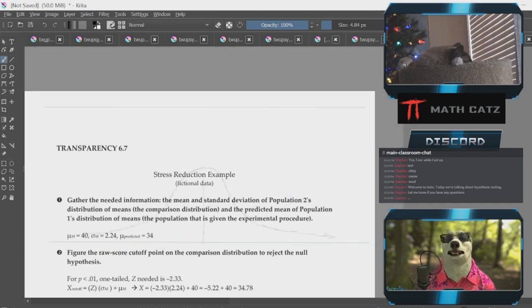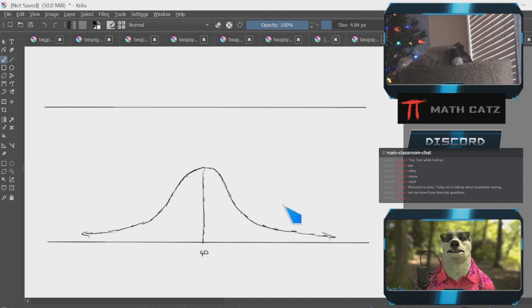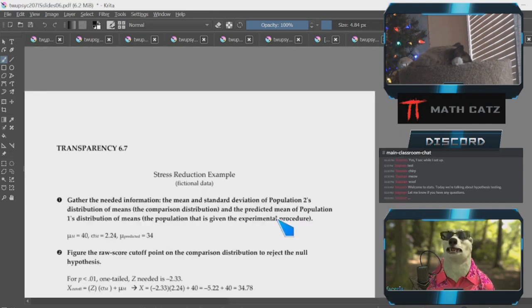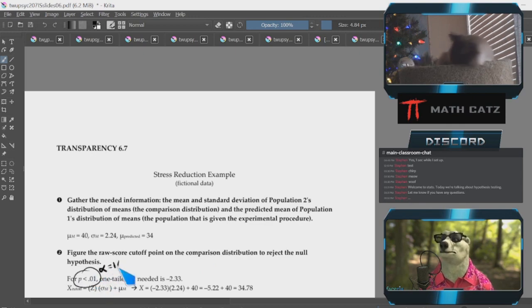So now what we need to see is, well, what alpha do they want, first of all? We need to know what is our alpha. I probably, ooh, it's 1%. Alpha of 1%. Interesting. It's a left tail test because I'm trying to see if it reduces stress.